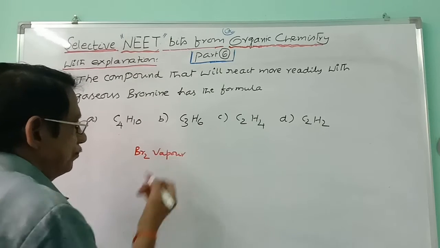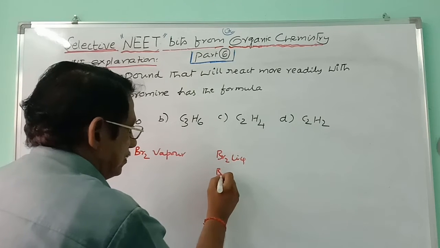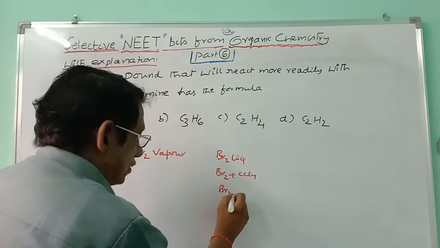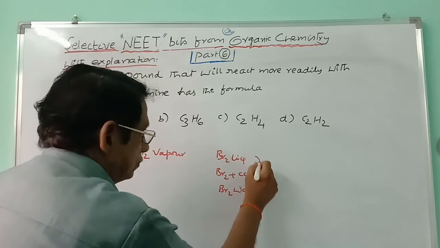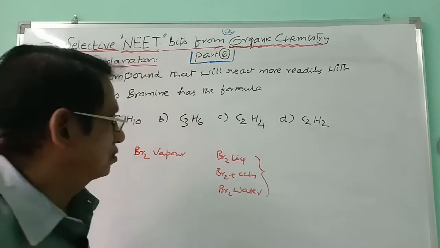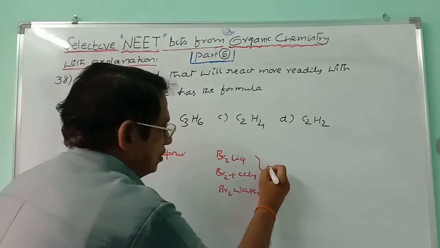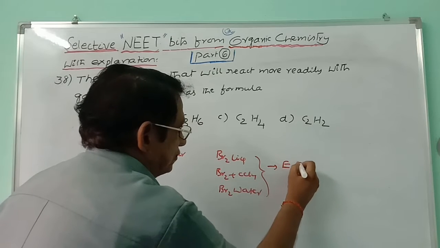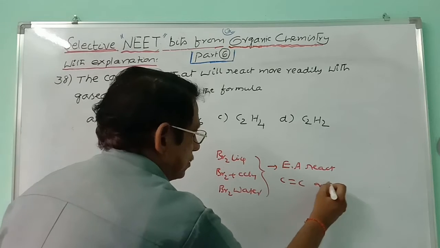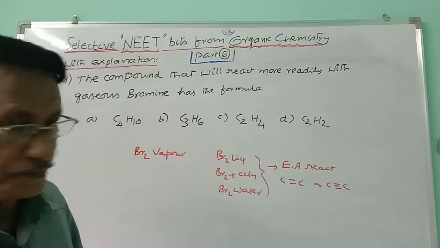If it is bromine liquid, or bromine in carbon tetrachloride, or even bromine water, then these will be undergoing electrophilic addition reaction with C double bond C. This is correct.